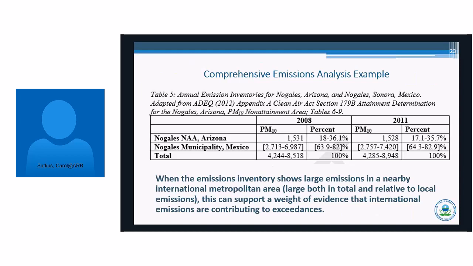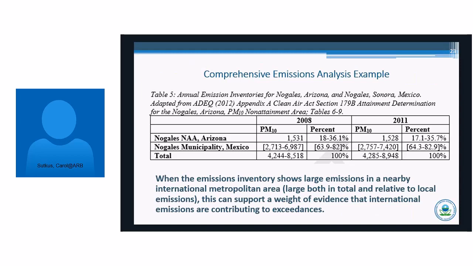Because they were less confident in the Mexico inventory, they actually provided several different estimates. From this, we can look at the comparison of the local versus near-border international emissions to understand what we might expect to be the contribution from international sources.